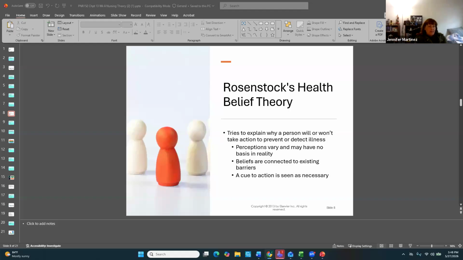And then beliefs are connected to existing barriers. So when we look at this part of it, why aren't they seeking healthcare? Is it because it's too expensive and they don't have insurance? Is it inconvenient?